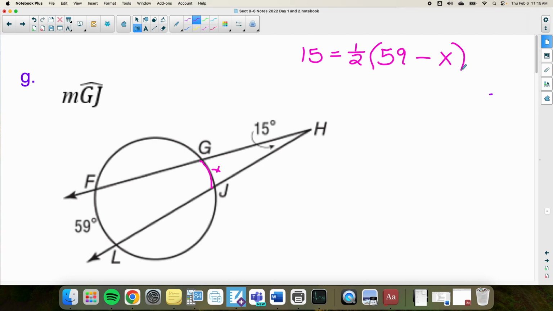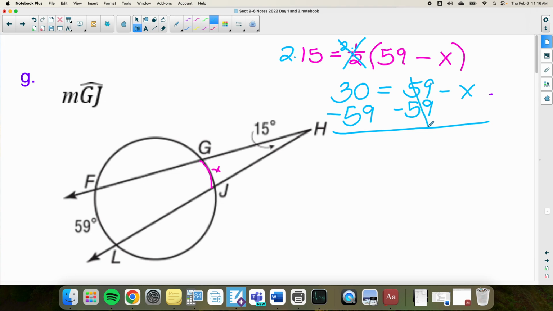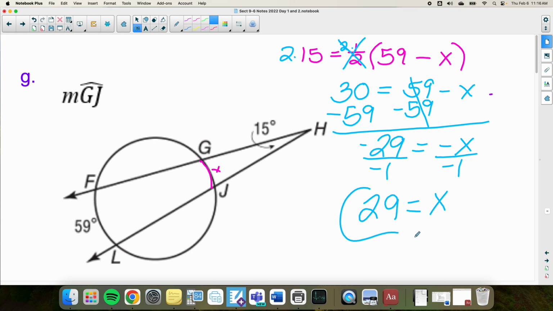Again, I multiply by 2 on both sides because I like to get rid of that half. 2 times 15 is 30, and that equals 59 minus x. I'm going to leave that minus x where it is, and I'm going to bring the 59 to the other side. This would be negative 29 equals negative x. Divide by negative 1, and x is a positive 29.